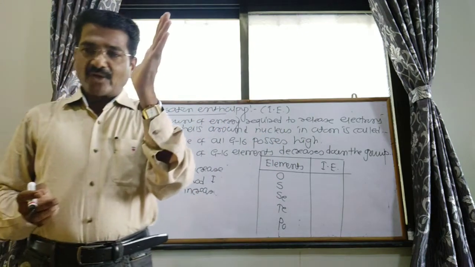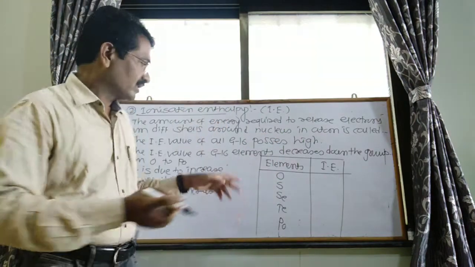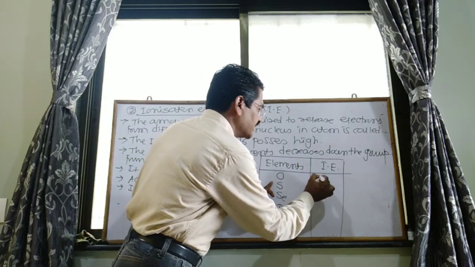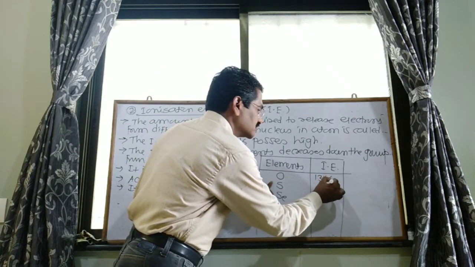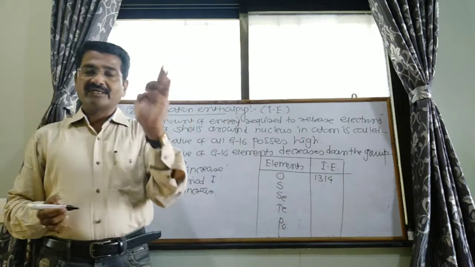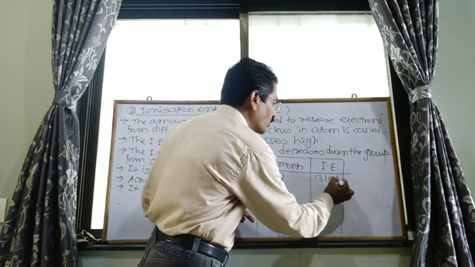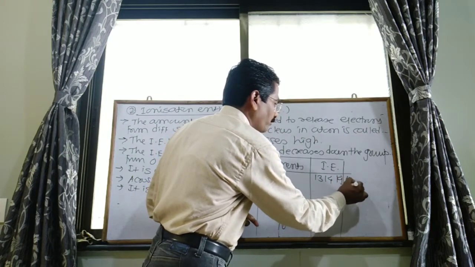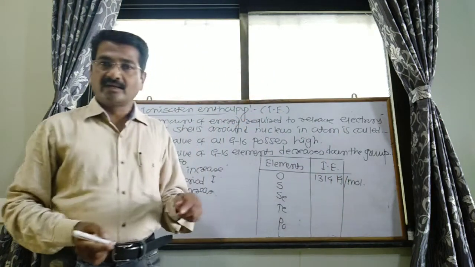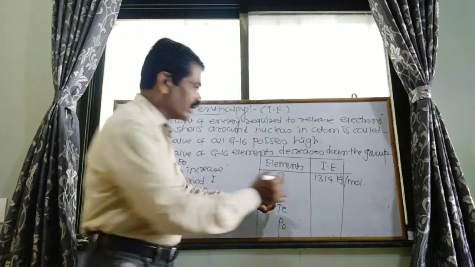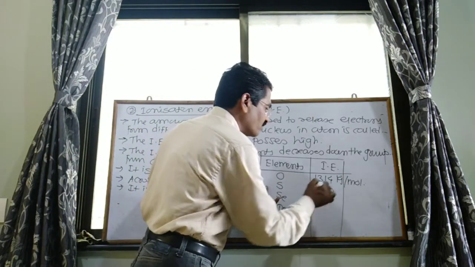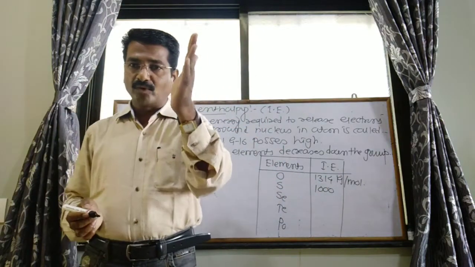So what about the ionization enthalpy values? Ionization enthalpy of oxygen is 1314 kilojoule per mole. Then ionization enthalpy of sulfur is 1000 kilojoule per mole.